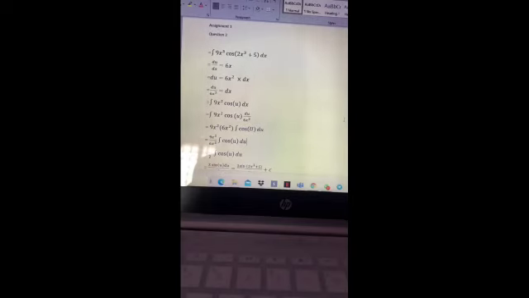Next, replace dx with its value, and then bring 9x^2 and 6x^2 to the front, and change cos u in small letter to cos u in capital letter.